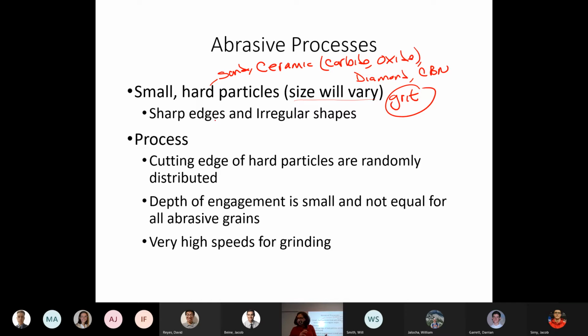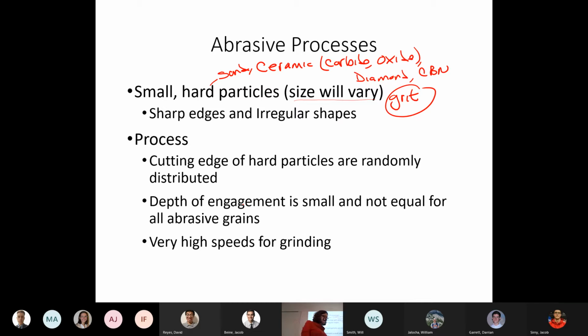Let's look at how this is slightly different than our standard chips. The cutting edges of the particles are randomly distributed, so we no longer have a controlled angle. Instead of a depth of cut, we talk about a depth of engagement, which is small and not equal.